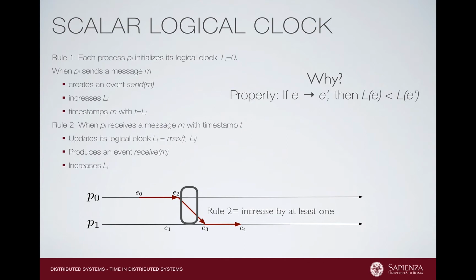And also when we go on an edge that connects two processes, we are increasing by at least 1. Because what we do when we receive an event is that we take the maximum between the received timestamp and the local timestamp, and we increase by 1. So we are still increasing. And this means that your logical timestamp along this path will be increasing. So at every new node of the path, that is just an event, you have a timestamp that is greater than the previous. And this is the reason why this property holds.